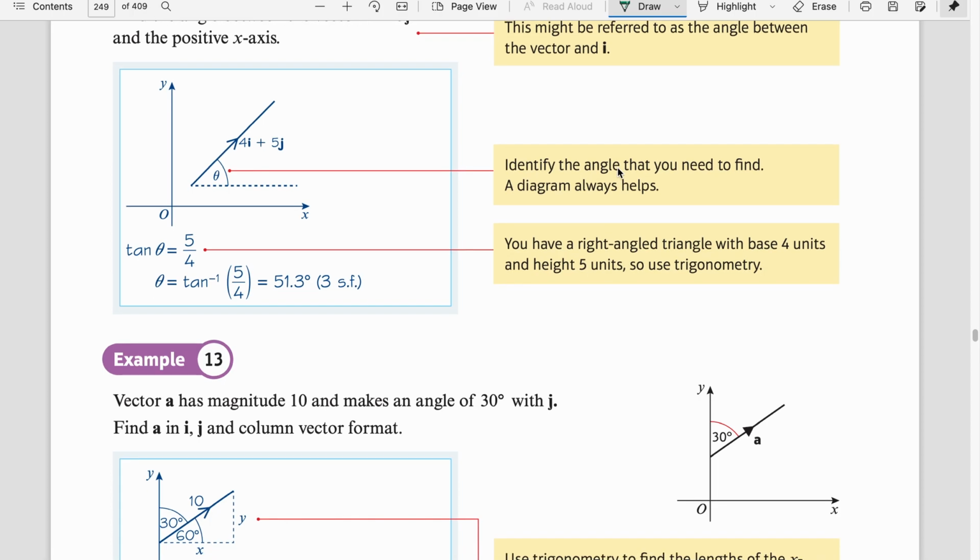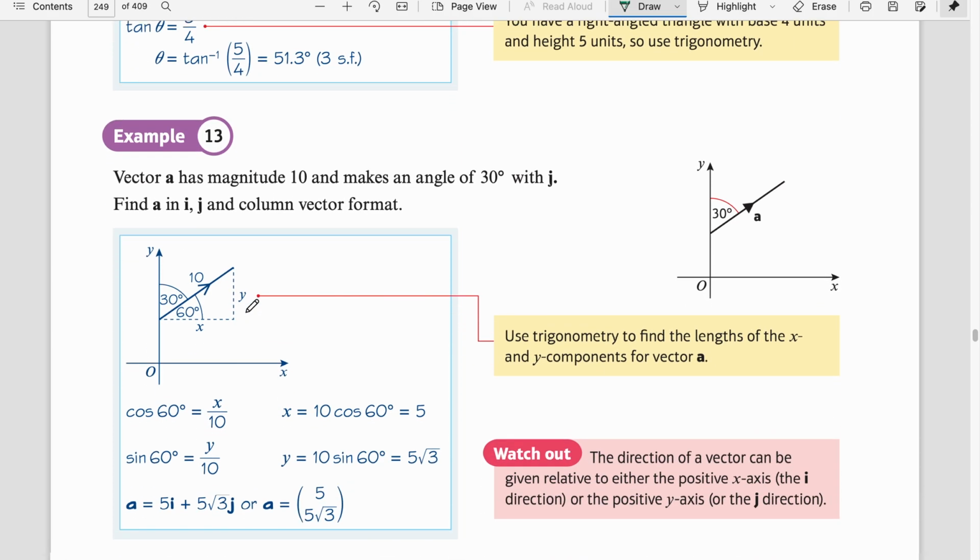Okay, in form of angle. Now you know that this is 4i and 5j, so using tan theta is perpendicular over base. Tan theta is actually equal to gradient. So theta is tan inverse of 5 by 4, and when you get the angle 51.3 degrees, either you show it with the diagram that this is the direction as shown with the horizontal, or you state that it is this much with the horizontal line.